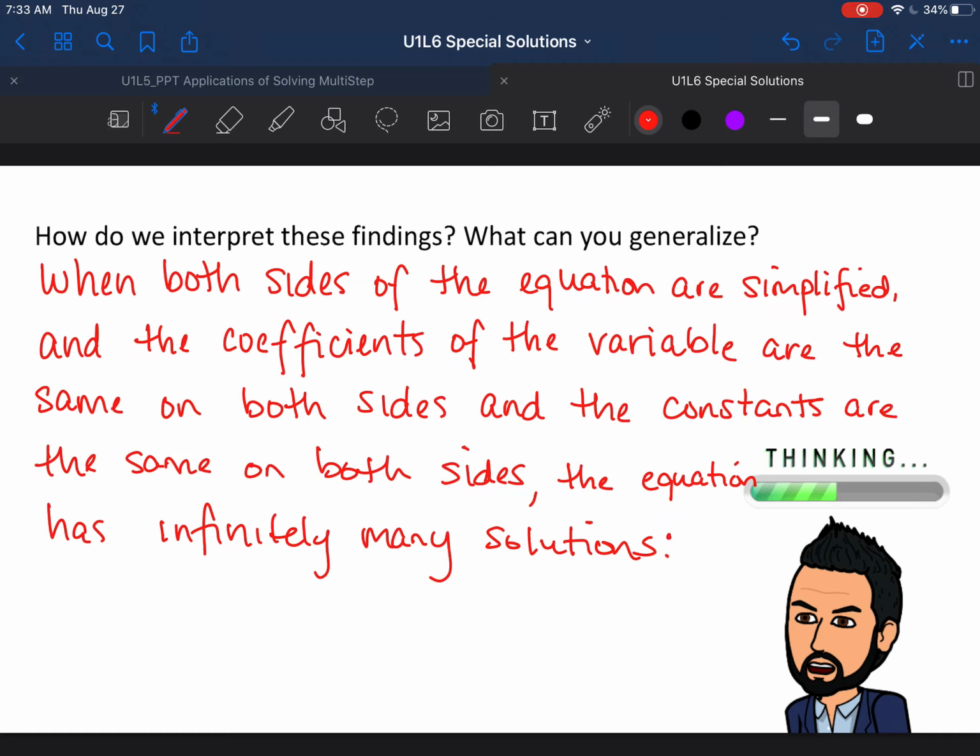So when it has infinitely many solutions, this is called an identity. The answer can also be all real numbers.